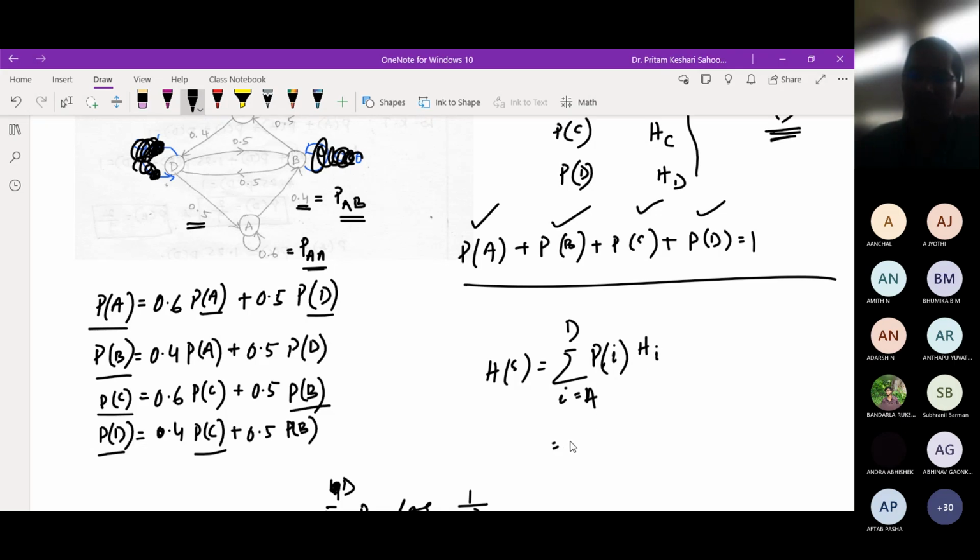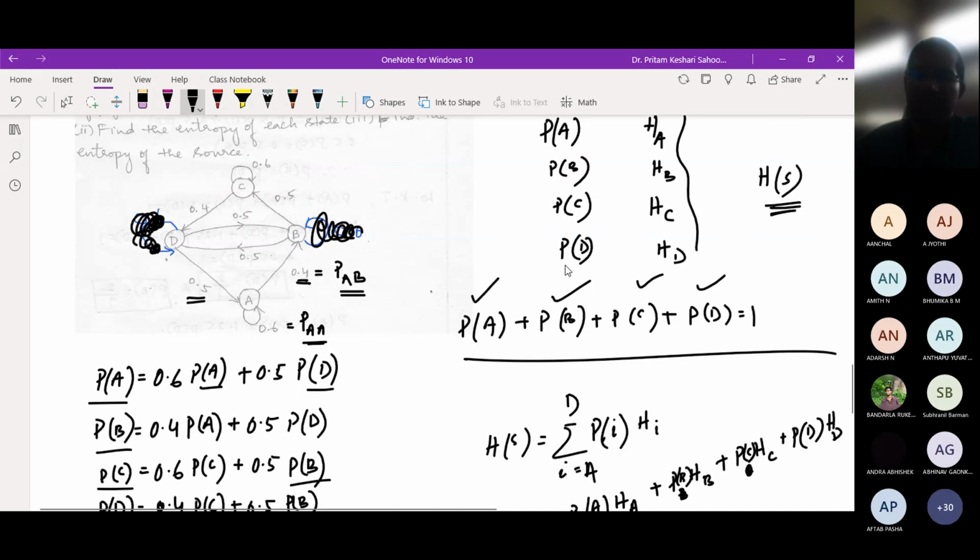That equals probability of A into H of A plus probability of B into H of B plus probability of C into H of C, plus probability of D into H of D. You can write it in brackets or any way, it is up to your understanding.